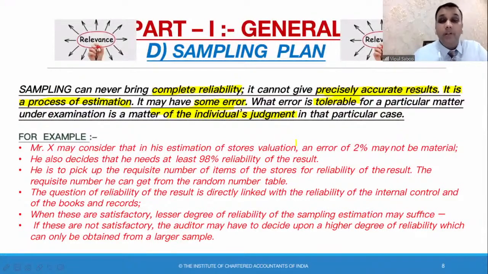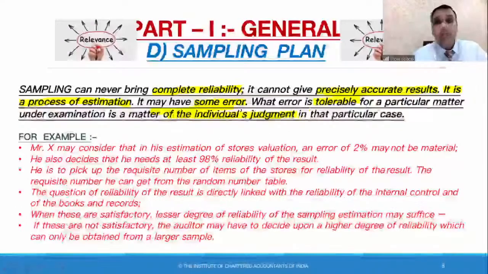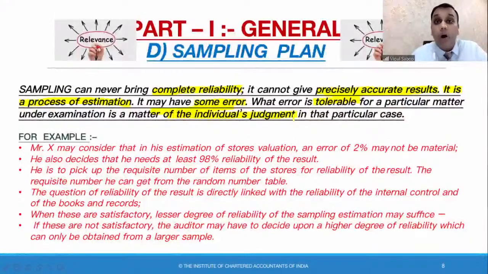Based upon personal judgment, personal experience, and the desired level of confidence, the auditor will establish what error is tolerable for him for a particular matter under his examination.